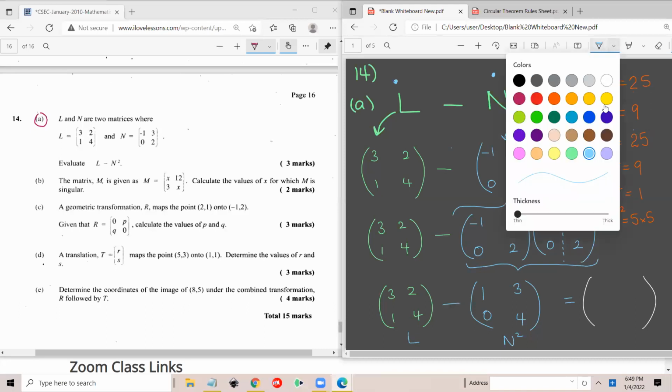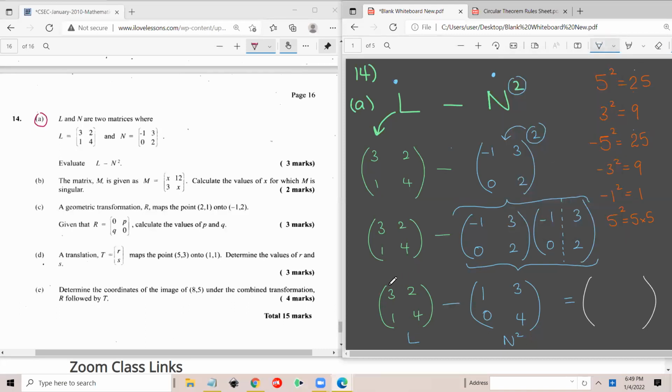We just have to minus everyone in the same position. 3 minus 1, both of them in the same position, is 2. 1 minus 0 is still 1. 2 minus 3 is minus 1, right? And then 4 minus 4 is 0. This white answer here is your final answer for part A.